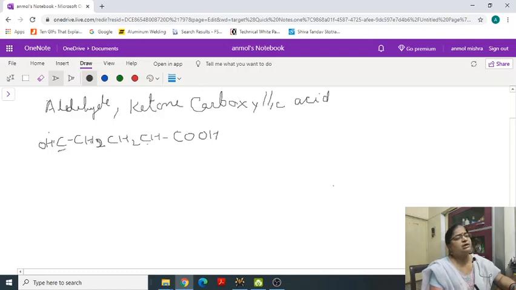So at one side is the aldehyde group and on the second side is the carboxylic acid group. So in order of preference, the COOH group gets the priority.